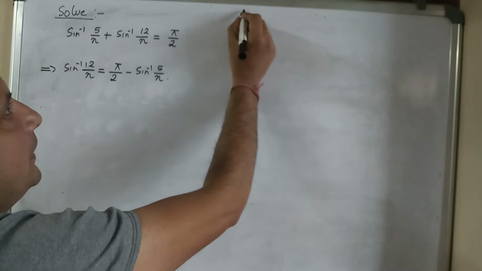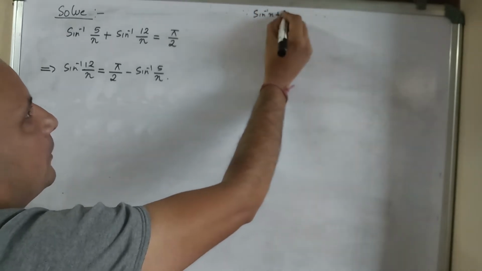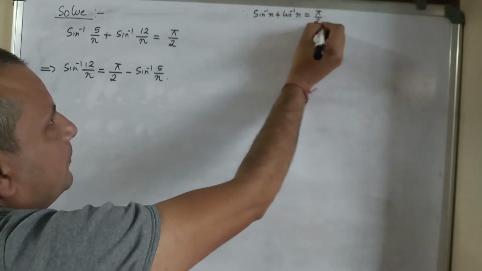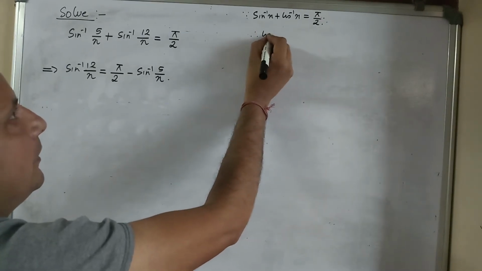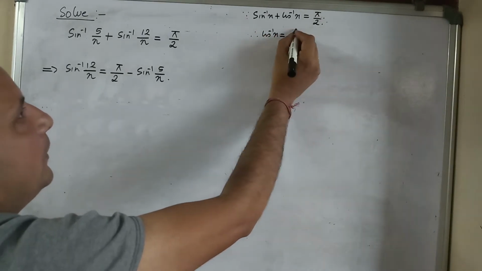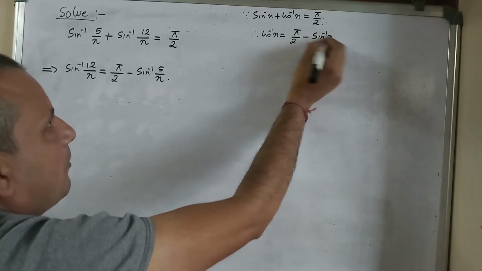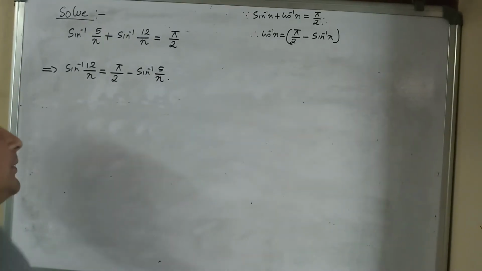Since sine inverse x plus cos inverse x equals to pi by 2, therefore cos inverse x equals to pi by 2 minus sine inverse x. Pi by 2 minus sine inverse x is cos inverse x.